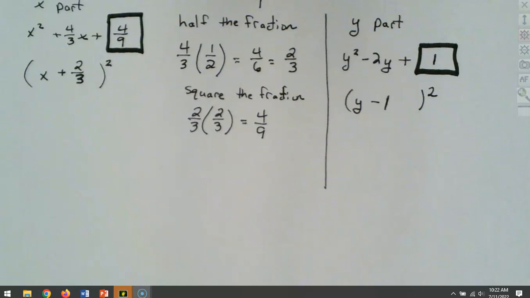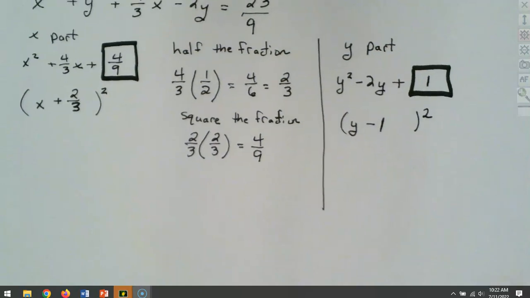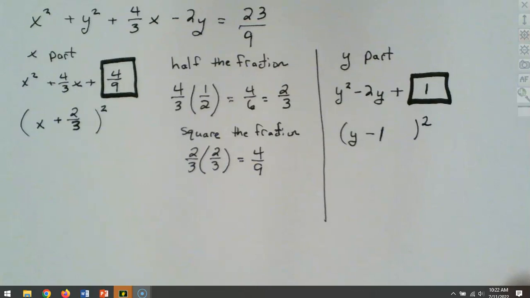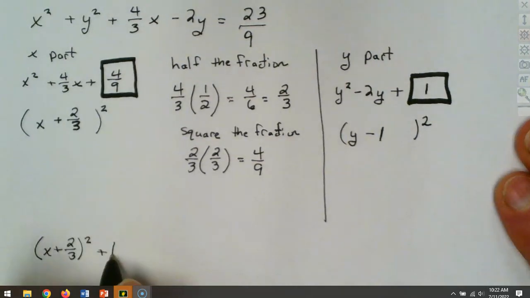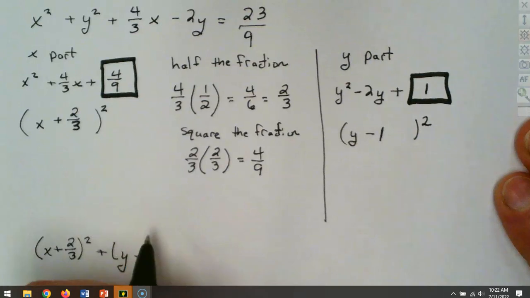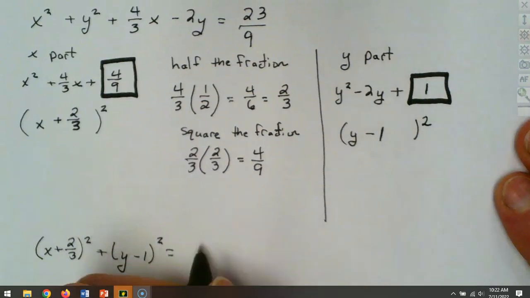Now, rewrite it and see what we've got. I'll bring the original back up so we can kind of see. If I rewrite it, I've got x plus 2/3, quantity squared, plus y minus 1, quantity squared, equals 23/9.